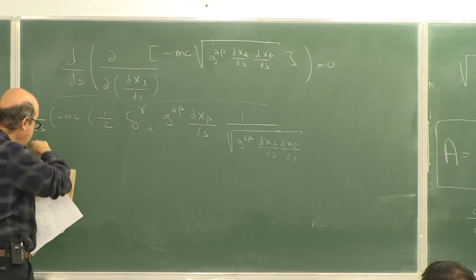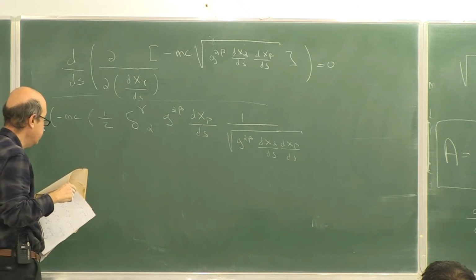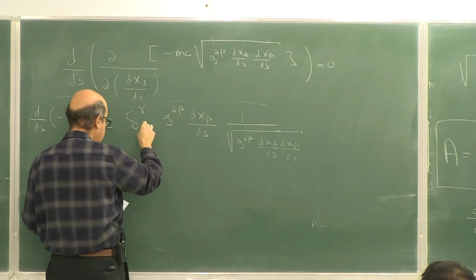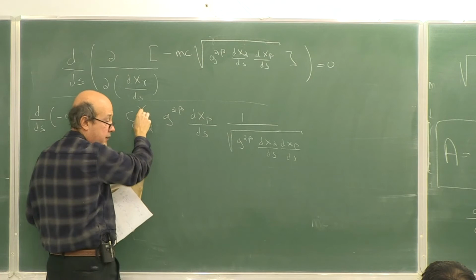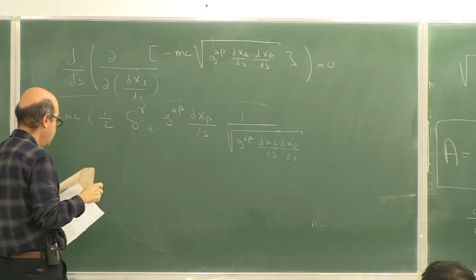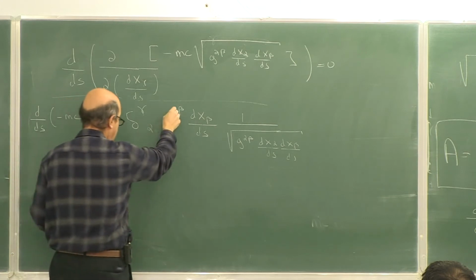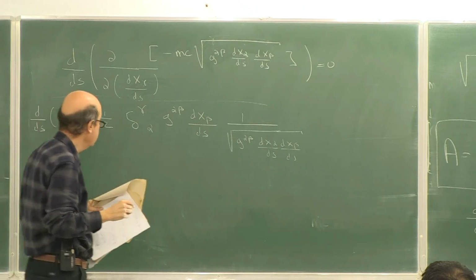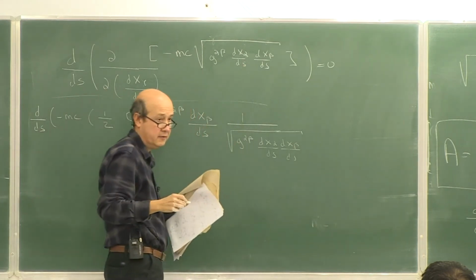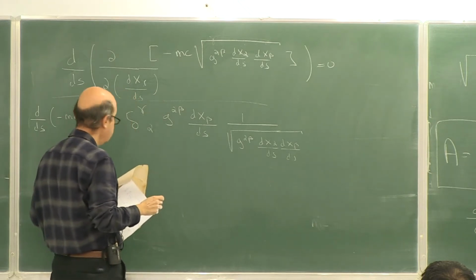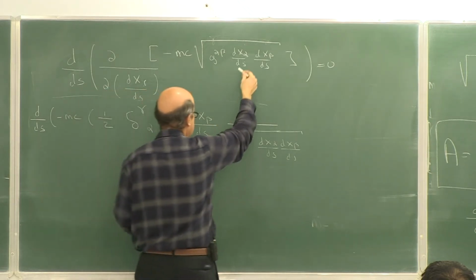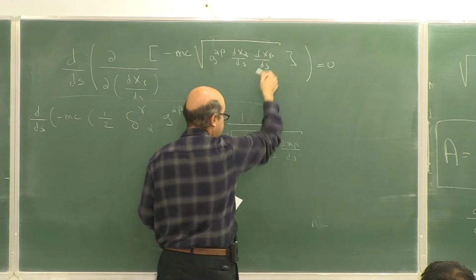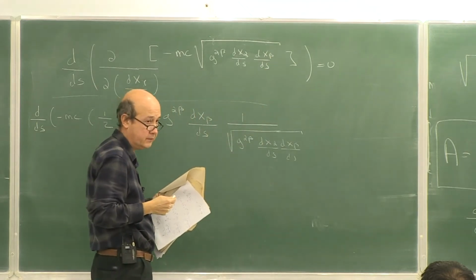Then you can look at what the free index is. Beta is contracted and alpha is contracted, and the free index is gamma. So these indices are in the correct places, and if you contract the alphas and betas, you have the free index gamma. What is the next derivative? This was the derivative with respect to dx alpha over ds. The next will be the derivative with respect to dx beta over ds.